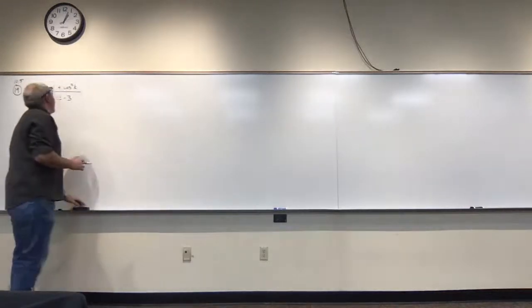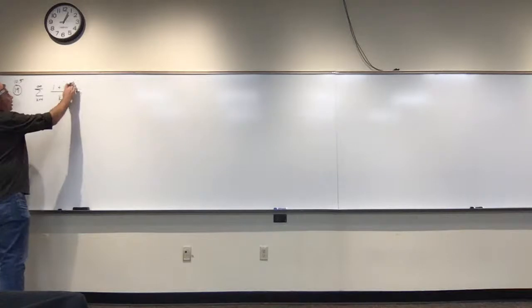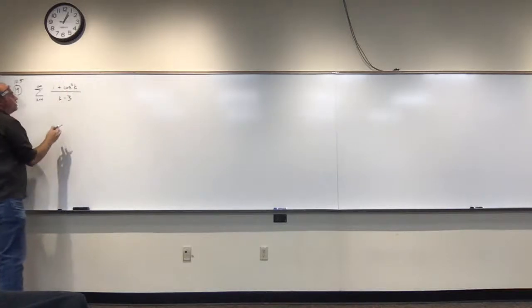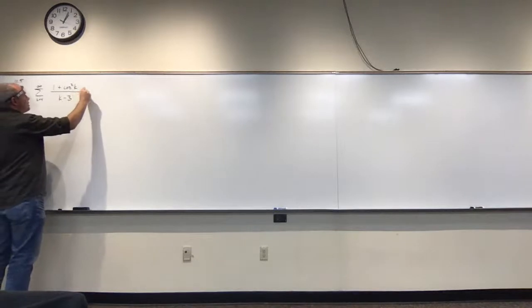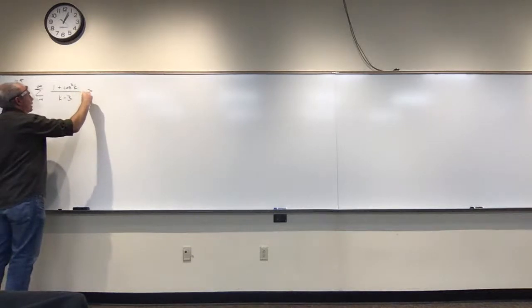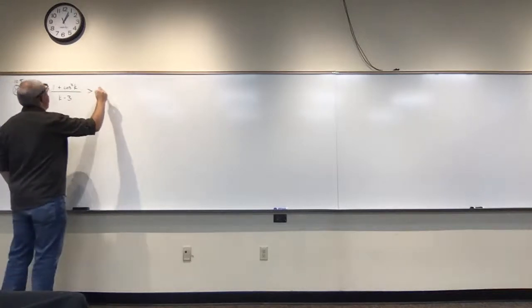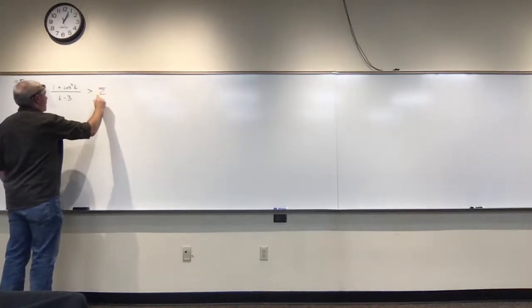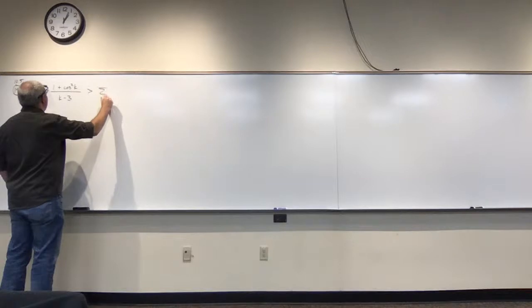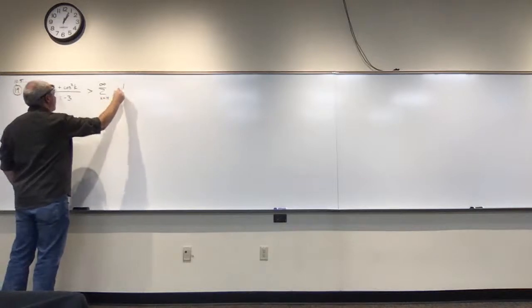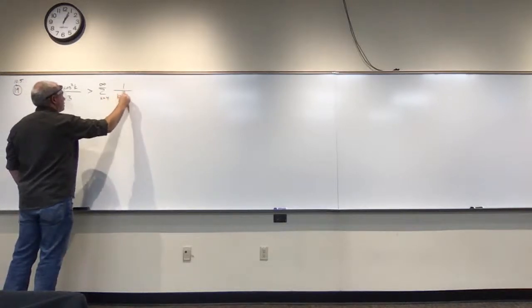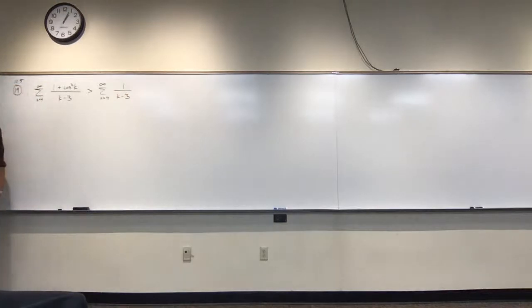Is there something I could do that's better? Well, this thing is also bigger than or equal to 0. So that means that this thing is greater than the sum k going from 4 to infinity of 1 over k minus 3. Does everybody agree with this?